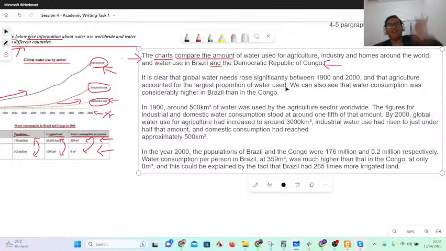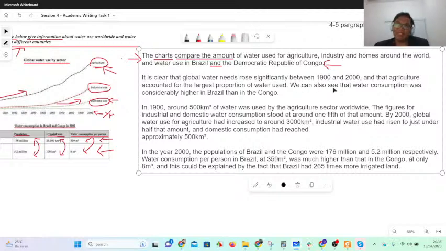Basically, outside of agriculture, the others are pretty low. That's already implied here. So you don't need to add to that paragraph, let's say, for example, that agriculture accounted for the largest proportion of water use, while domestic use contributed the smallest portion.